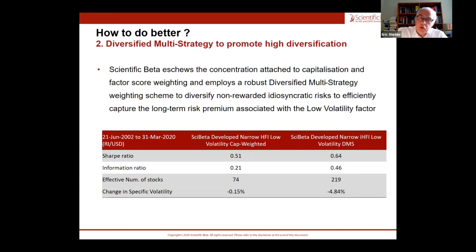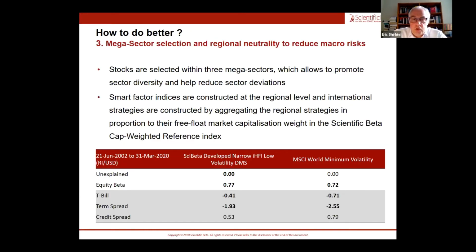Turning to the third drawback of traditional defensive strategies. When Scientific Beta constructs its defensive strategies, it constructs them on a regional basis. So we construct regional defensive portfolios, and then to create an international portfolio, Scientific Beta aggregates those regional defensive portfolios into an international portfolio using the free float market capitalization of each region.